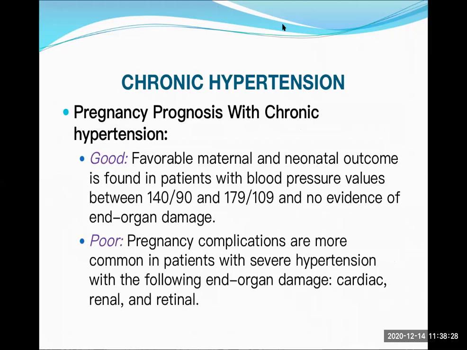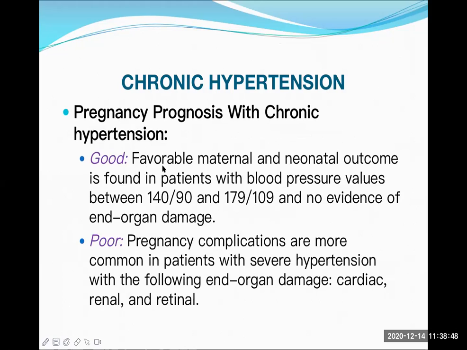Now, a bit of an important part. Everybody knows the earlier part, that's why I was going a little bit faster, but please pay attention now. The pregnancy prognosis with chronic hypertension, how is it? What is the chance of a good pregnancy outcome? Is it good or bad?